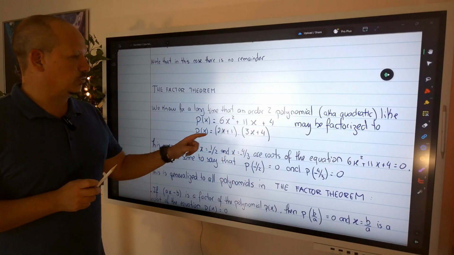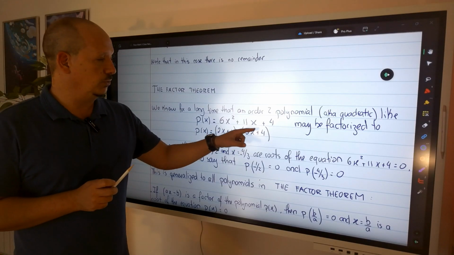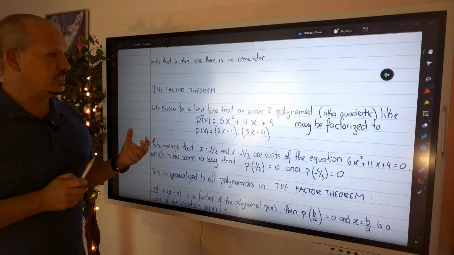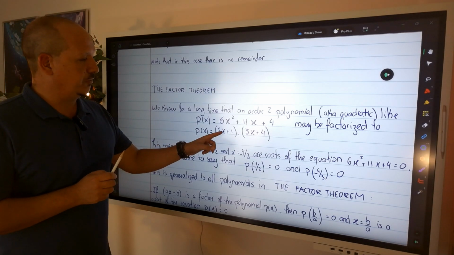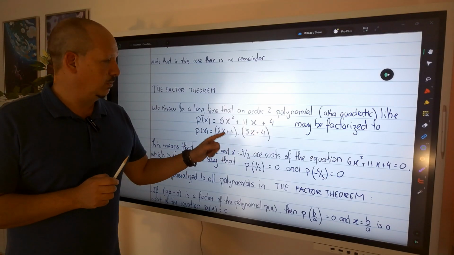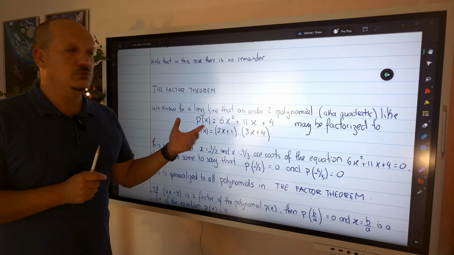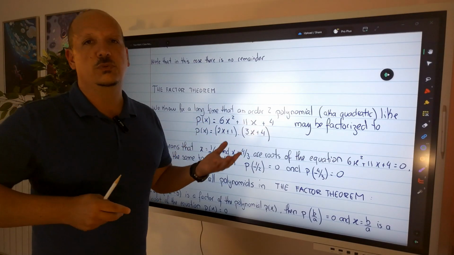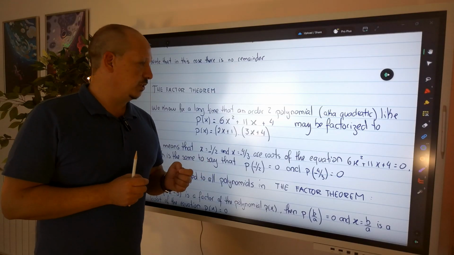This exact quadratic is factorized into these two factors over here. What does this mean? This means that if you find the value of x for which each one of these factors is 0, then that value is going to be a 0 of the quadratic. You've learned this and you practiced with this extensively last year.